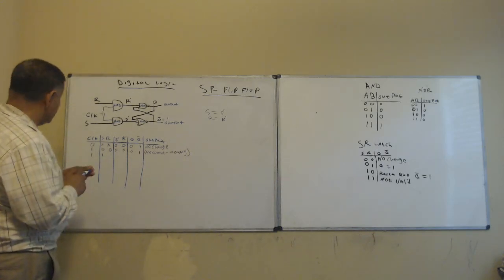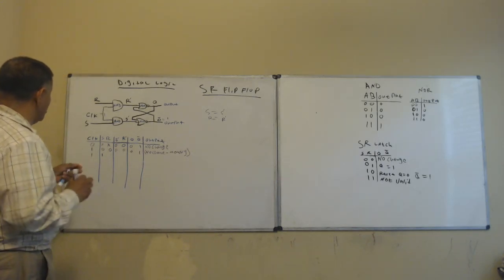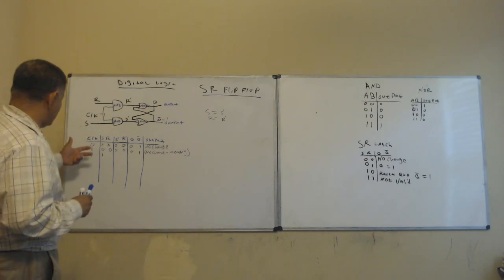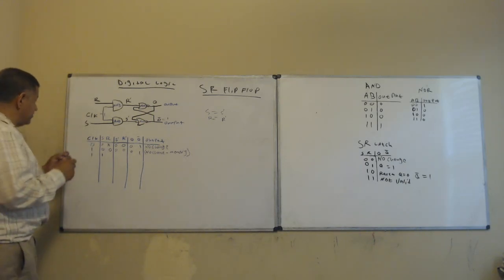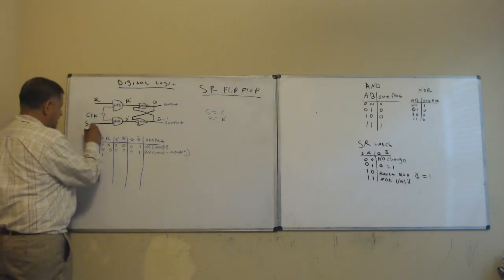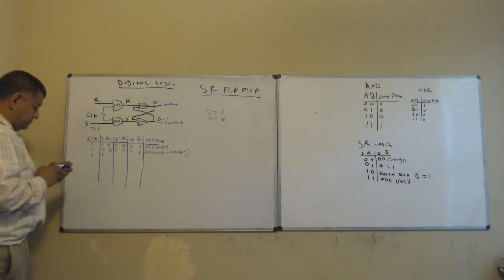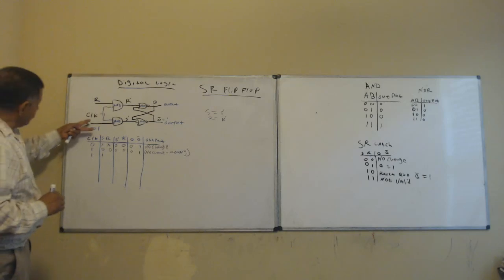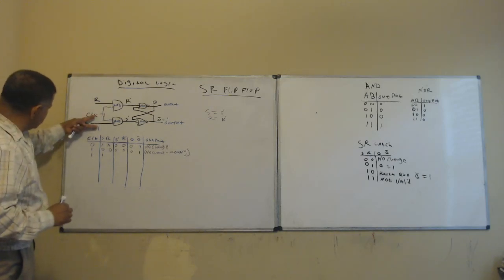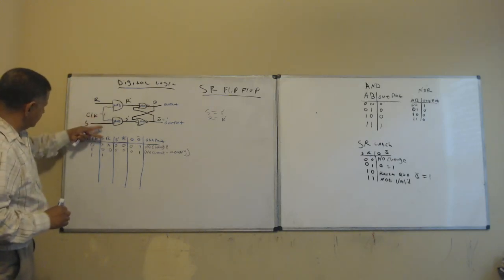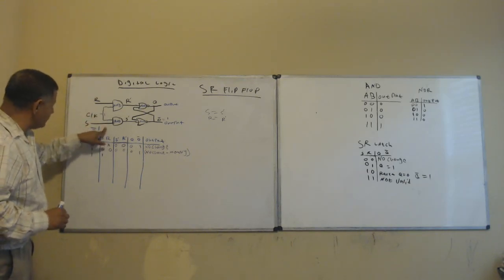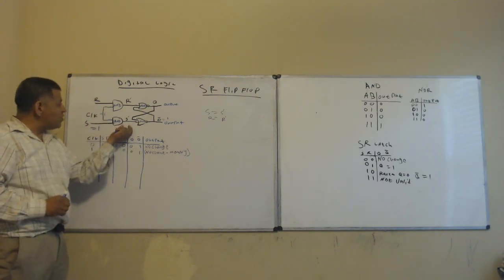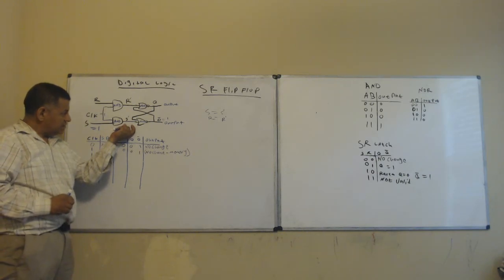Now, you have to be careful because S equals 1 now. This one comes in: a 1 coming in for the clock and a 1 coming in over here. This one makes a 1 over here.